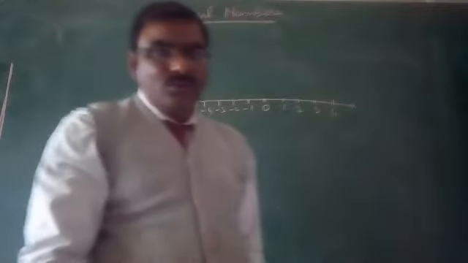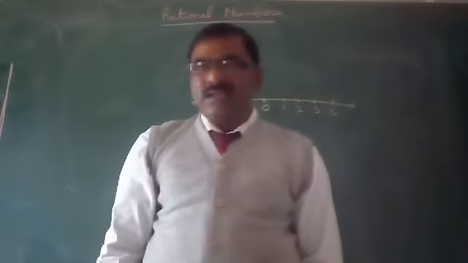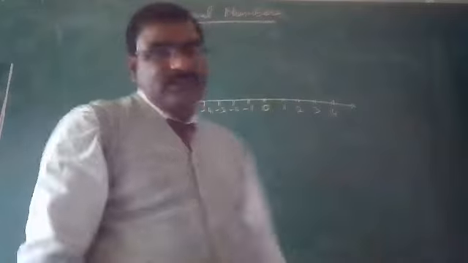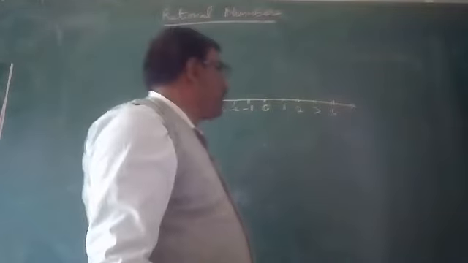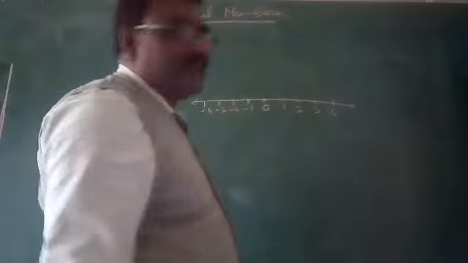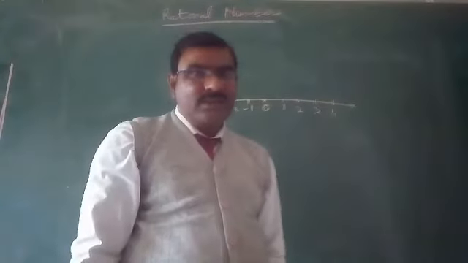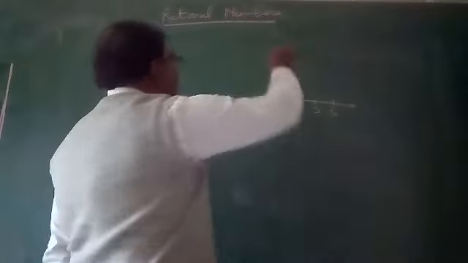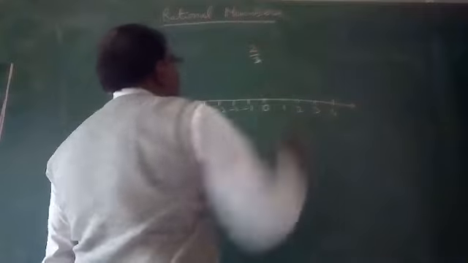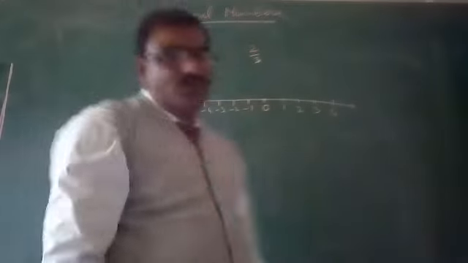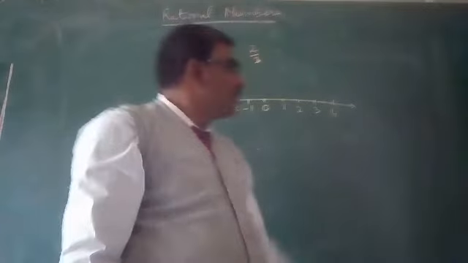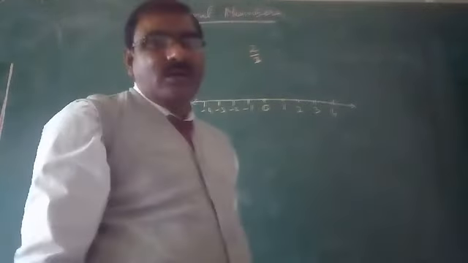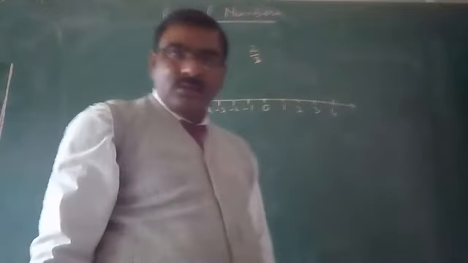If we want to represent any rational number on this number line, first of all, let us consider a rational number 2 by 3. We want to represent this rational number on this number line.